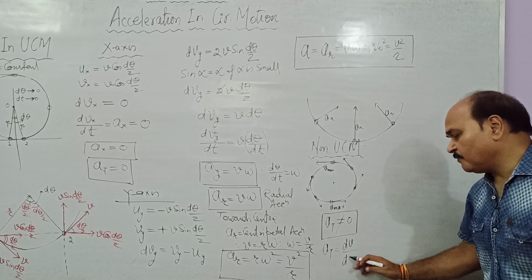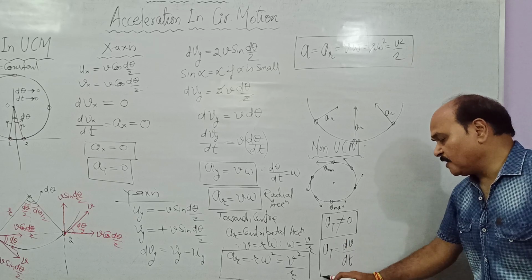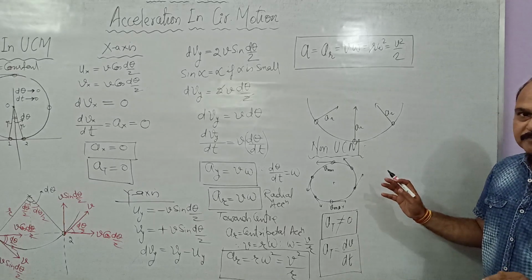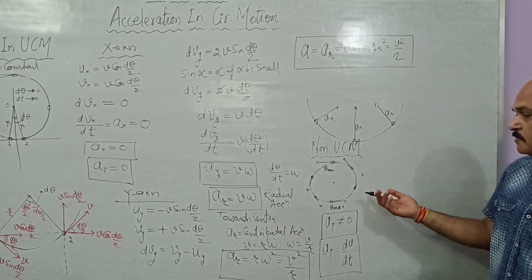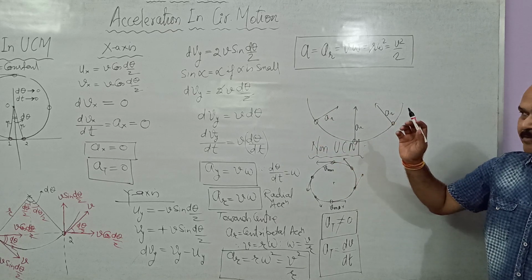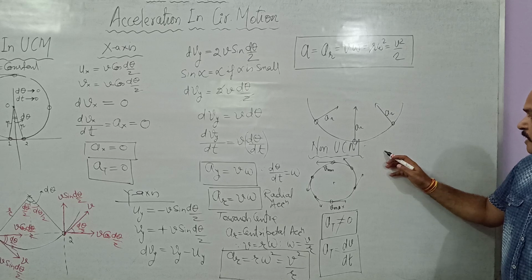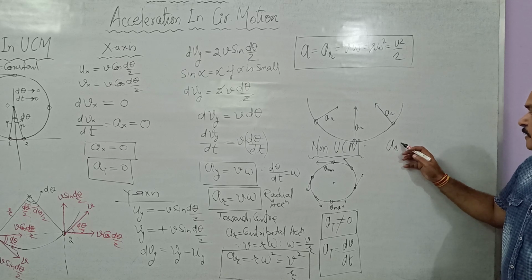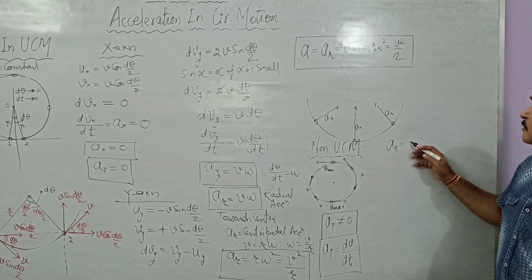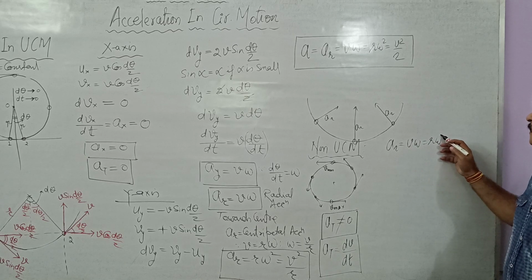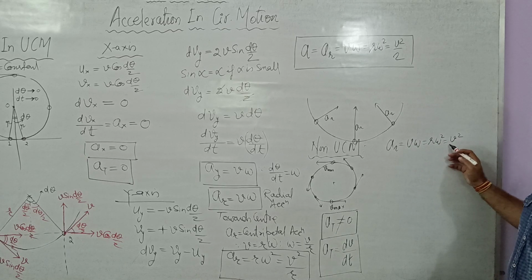Remember, this is rate of change of speed. Radial acceleration is there as usual. We can find out exactly in the same way. So radial acceleration is going to be as usual AR, and this AR is going to be v omega or R omega square or V square by R.